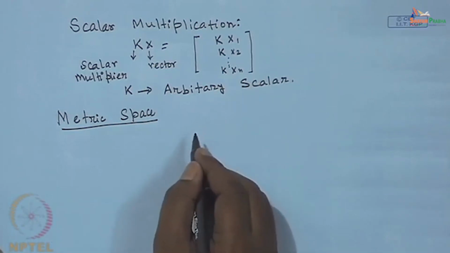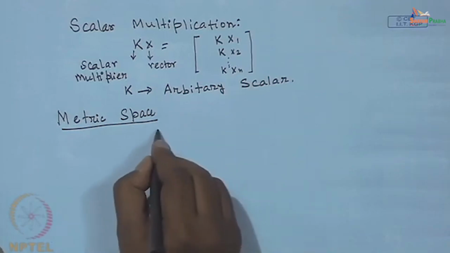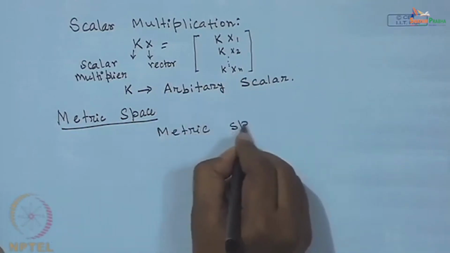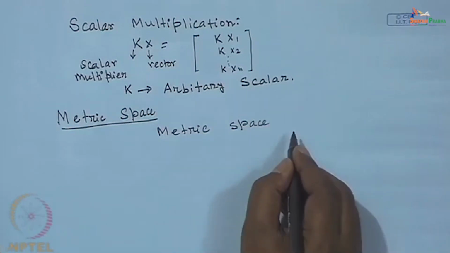So, what is a metric space? Metric is defined in an n dimensional space. So, we talk about the most generalized n dimensional space. Suppose there are n components in a chemical engineering process, then the space we will be talking about is the n dimensional space. If in a system there are 3 components present, it will be a 3 dimensional space.